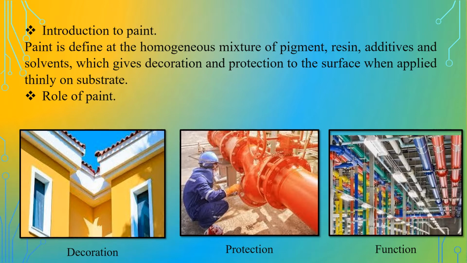So the basic function of paint: we generally apply it for different purposes. The purposes may be decoration, protection, or functional. These are the broad view of the purpose of coatings or paint.